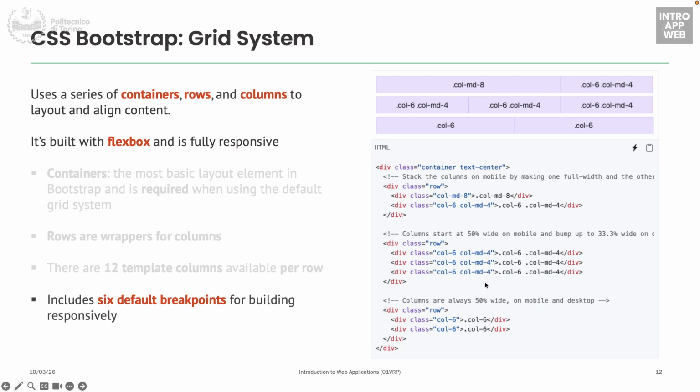In a medium screen, they will distribute each one of them occupying 4 columns. So each one will occupy the same, and they will be placed one next to the other. In the other case, each one of them occupies half of the screen, so one will be placed on half, and the other one below. Okay?